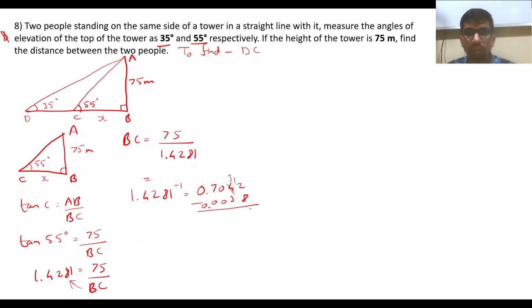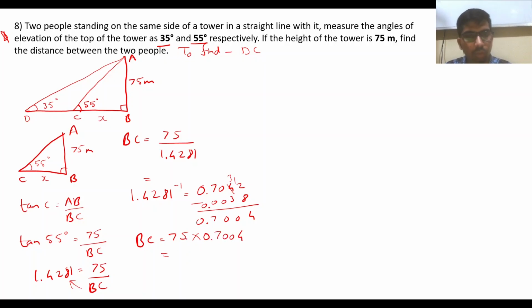This becomes 3, this becomes 4. 3 minus 3 is 0, 0, 7. So the reciprocal of 1.4281 is 0.7004. So BC is 75 into 0.7004.